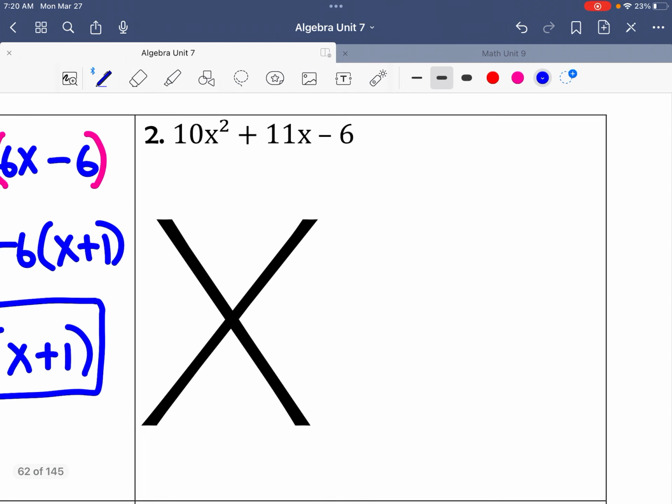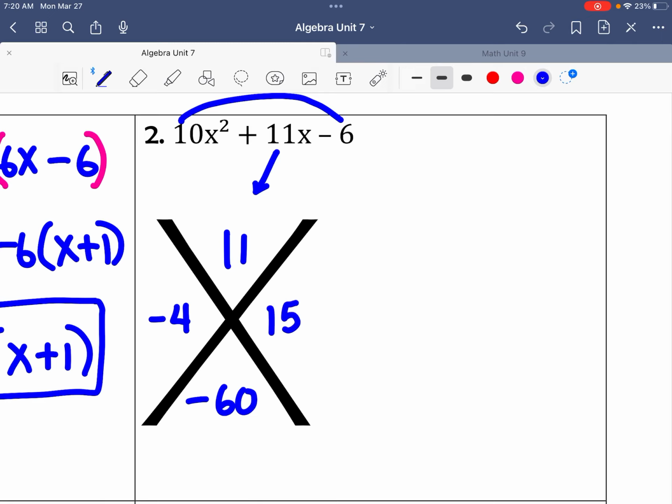Okay, number 2. Again, I'll take my middle term and put it here. 11 goes there. I'll multiply my first and last terms and put that number here. So 10 times negative 6 is negative 60. And then I find the factors of negative 60 that will add up to positive 11. They are negative 4 and 15.